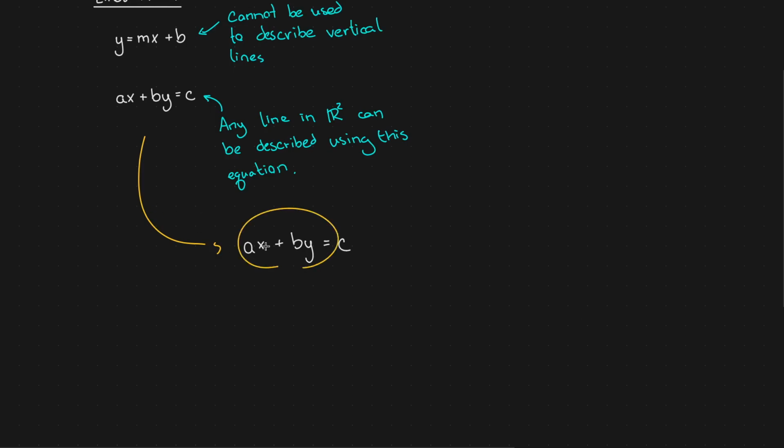In particular, the left-hand side here, we have a constant times one of our variables plus a constant times another one of our variables. That looks a lot like a dot product, doesn't it? In particular, the dot product of the coefficients with the vector of variables.